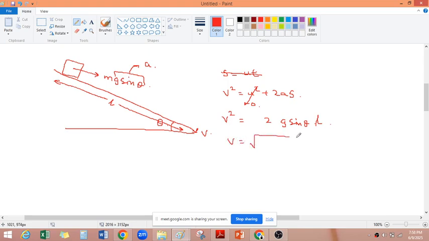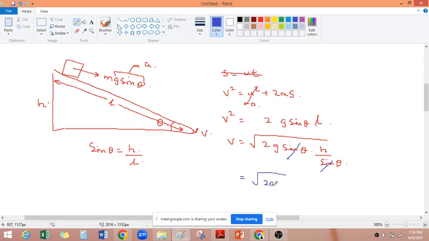So V is equal to root of 2g sine theta into L. But what is L? This is H. This is theta. This is L. So that means it is opposite by hypotenuse. So that means it will be sine theta. So sine theta is equal to opposite by hypotenuse. So that means in place of L, I can put h by sine theta. That means sine theta cancels. So I'll be getting root of 2gh.